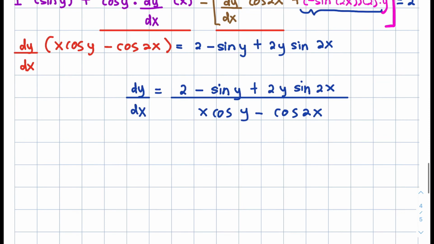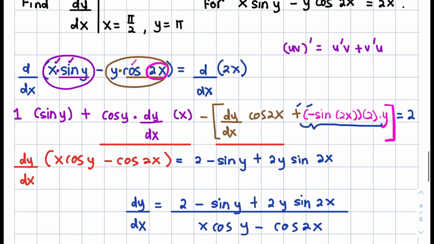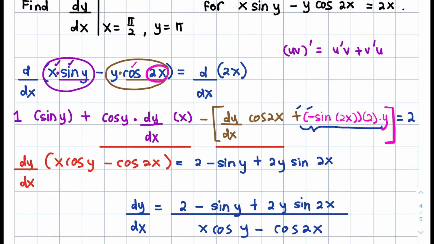So the question is asking for when x is equal to pi over 2 and y is equal to pi. So substitute every x with pi over 2 and every y with pi.